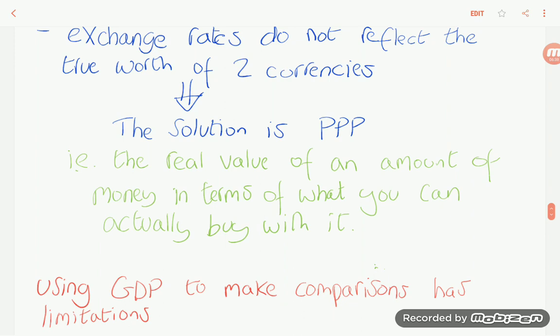Using PPP in comparisons of countries' living standards involves adjusting the GDP per capita figures to take into account the differences in purchasing power in those countries, with the results usually expressed in US dollars. This makes for a more accurate and easier comparison.